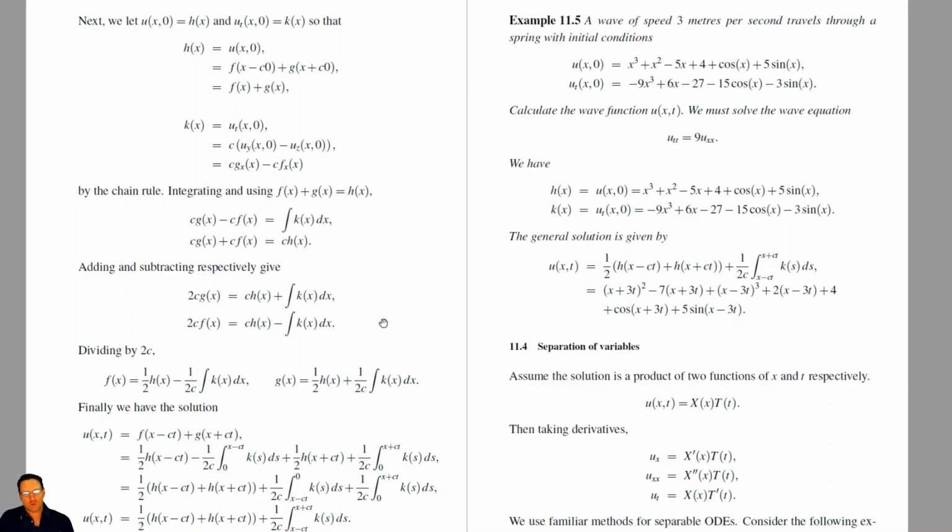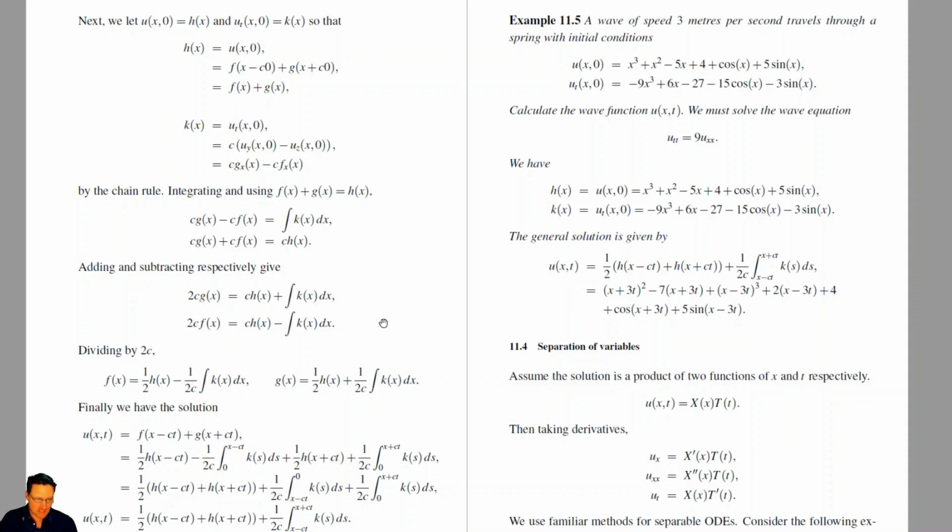All right, so now that we've got expressions for each of those functions, where h is u of x and t is 0, and k of x is the partial derivative of u with respect to t at t equals 0, we can write our general solution, because we obtained earlier that u is the sum of f of x minus ct plus g of x plus ct.